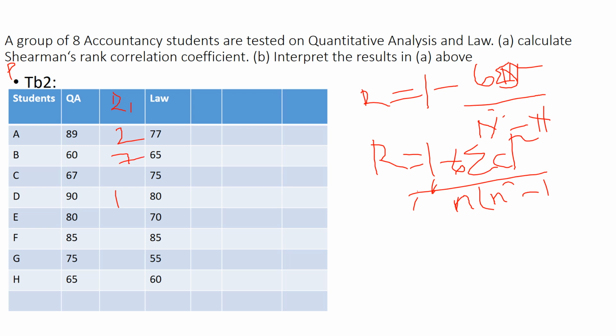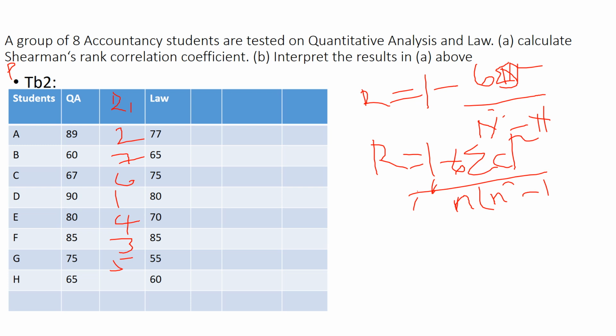This one is also number 6. Then we also have this one being number 4, number 3, number 5, and then number 5.